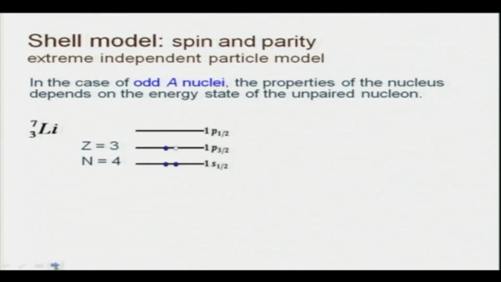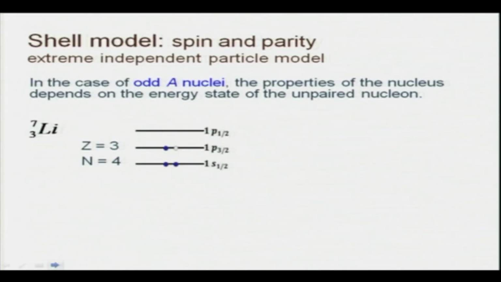Especially this model is successful with odd mass numbers, where either the proton or neutron number is even and the other number is odd. Okay. So, especially the spin and parity are extremely well reproduced by the shell model.